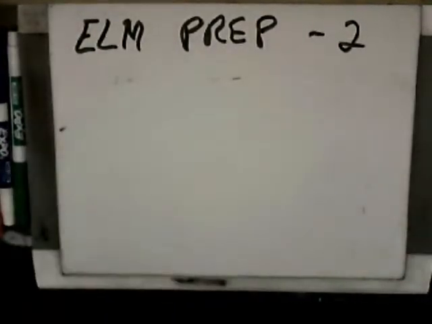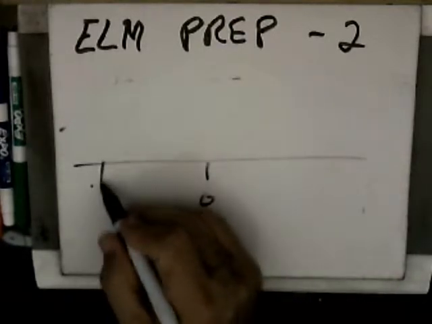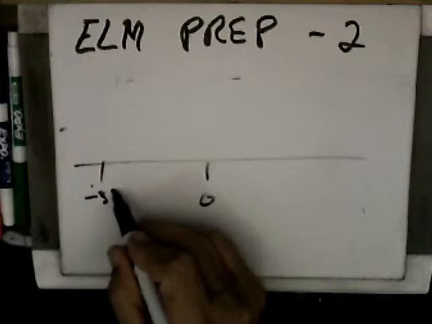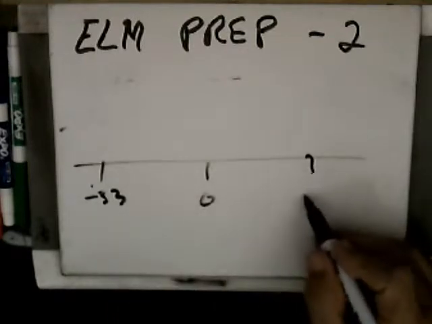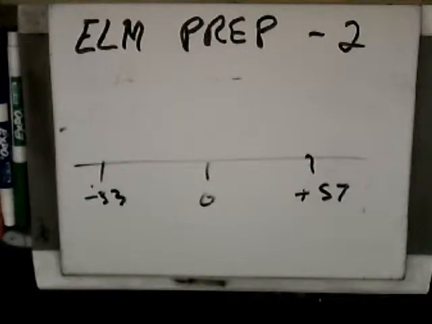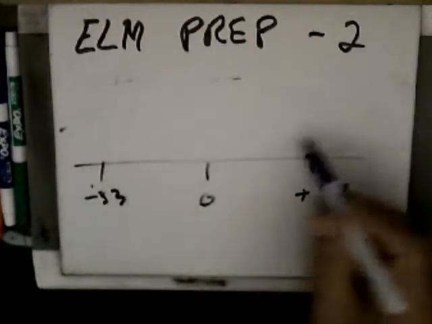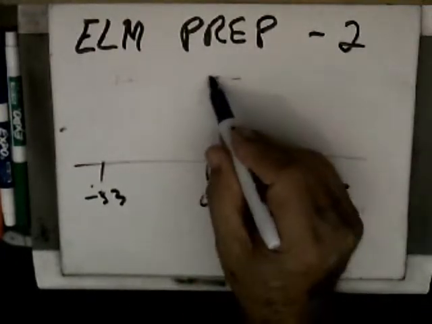Another way I can do that, I could subtract where I ended up. I could say, okay, this is my final destination from here to here. So that's 57.